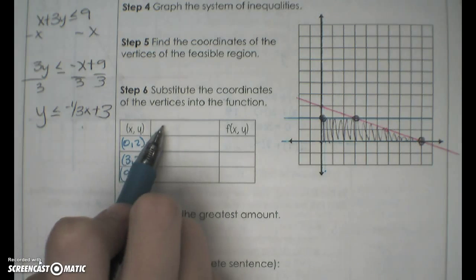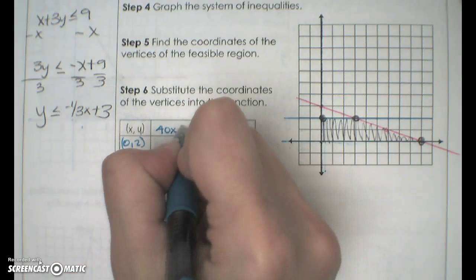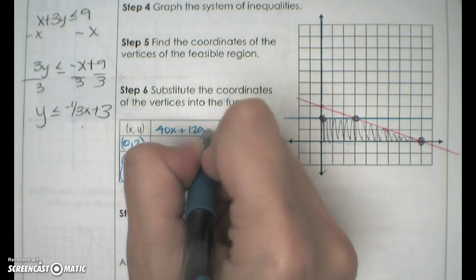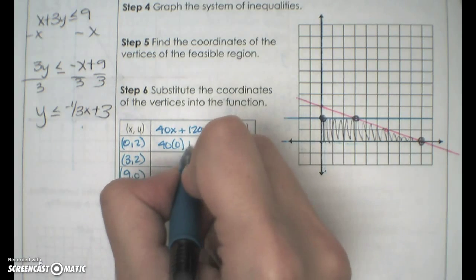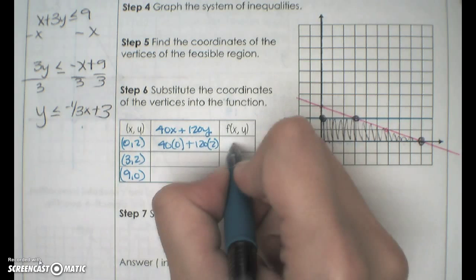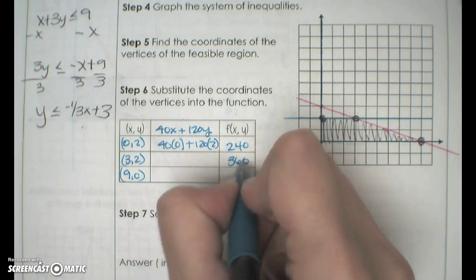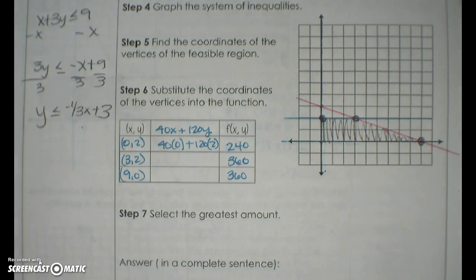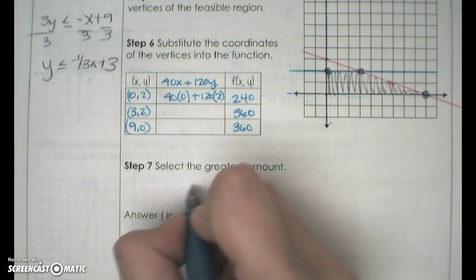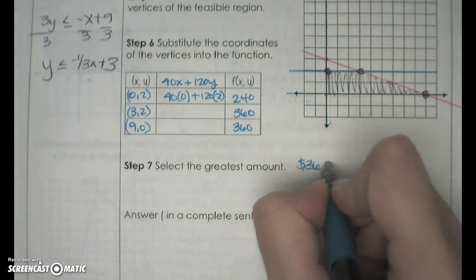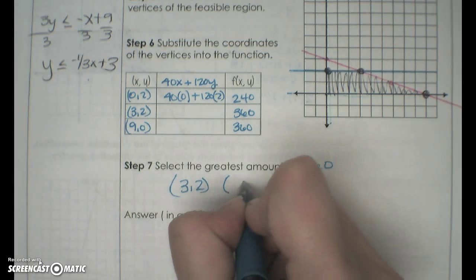And remember what our equation that we wanted to use was the 40x plus 120y. So when we plug those things in, 40 times 0 plus 120 times 2, and we go through, we get 240, 360, and 360. So it looks like selecting the greatest amount, we have 2 of them, 360. Well, 3-2 gets us 360, and so does 9-0.